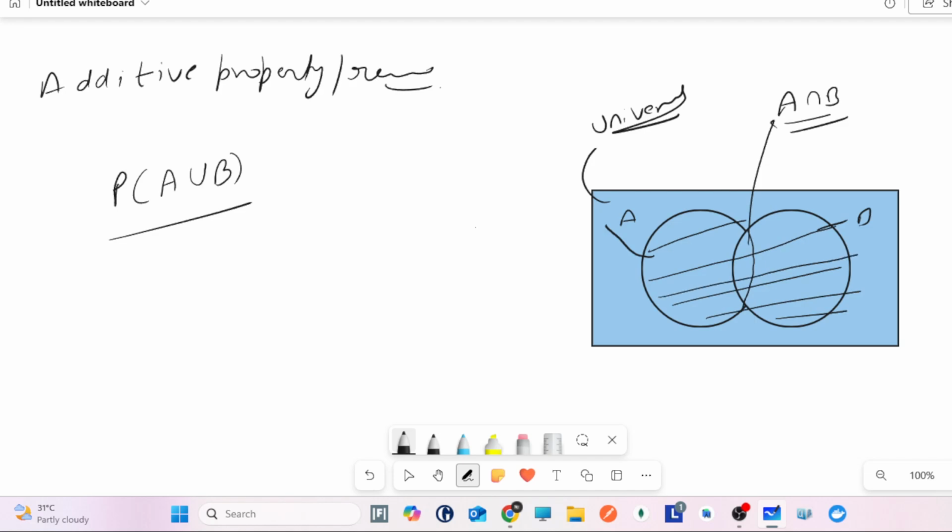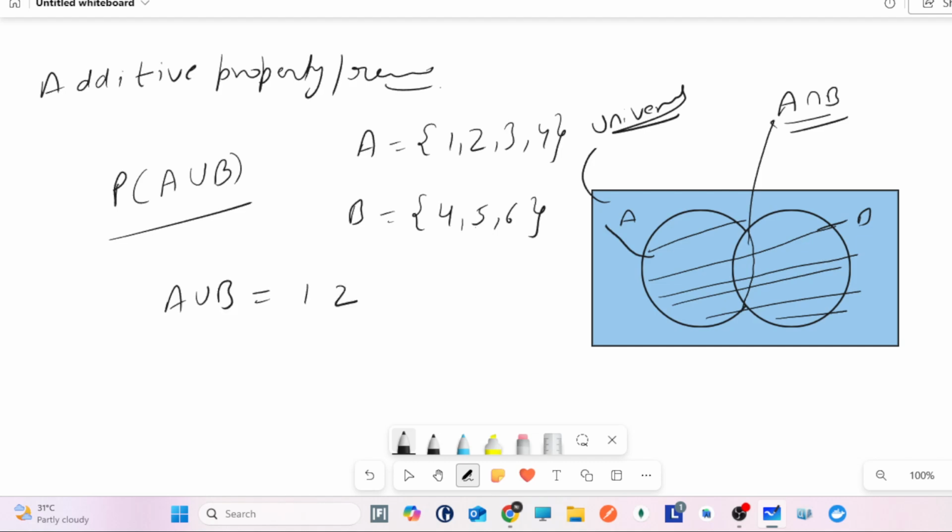Okay, so let's take an example. Suppose A is equal to 1, 2, 3, 4. Okay, let's take B. B is equal to 4, 5, 6. So what is A union B? Let's write A union B is equal to 1, 2, 3, 4, 5, 6.